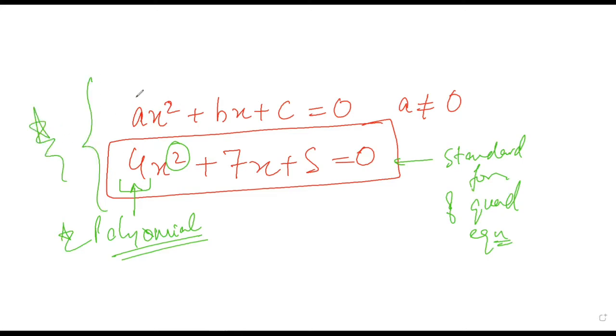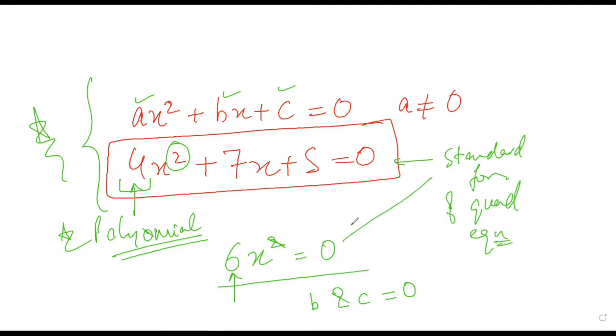Yes, sir. Now, a, b, c can take any number. So, for example, if I write something like 6x square is equal to 0. Now, if you see, the coefficient of x square is 6. b and c both are equal to 0.